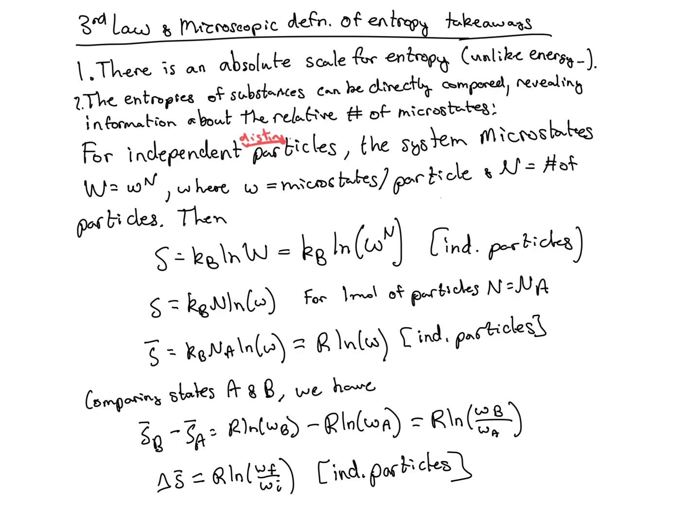One more key set of takeaways. There is an absolute scale for entropy, unlike energy, because we can interpret entropy in terms of the total number of microstates. So it does make sense to compare the entropy of water to the entropy of gold to the entropy of any other substance.